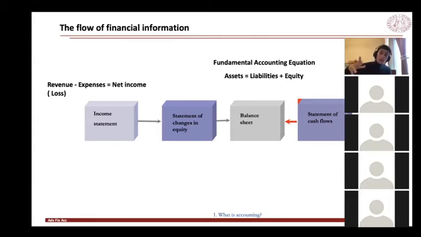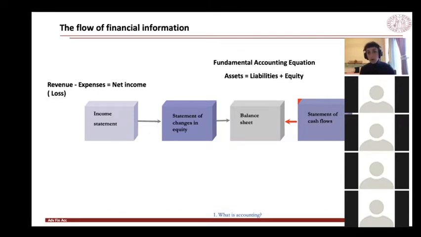And on the other hand, the statement of cash flow provides information regarding the cash available. So that line as current asset that goes in the balance sheet is computed overall in the statement of cash flow. So as you can see, income statement, statement of changes in equity, and cash flow statement all flow into the balance sheet.